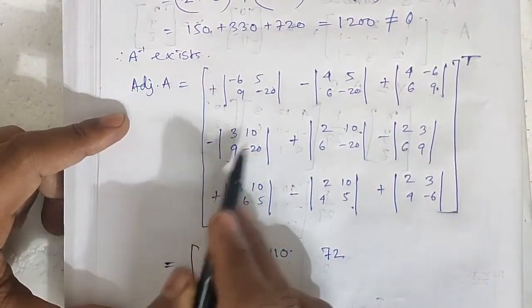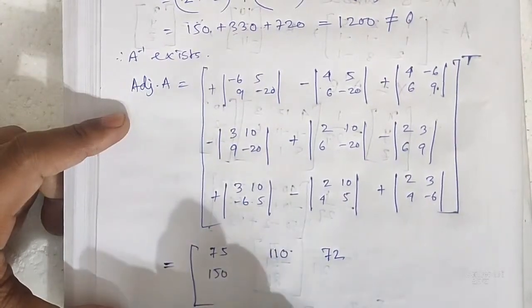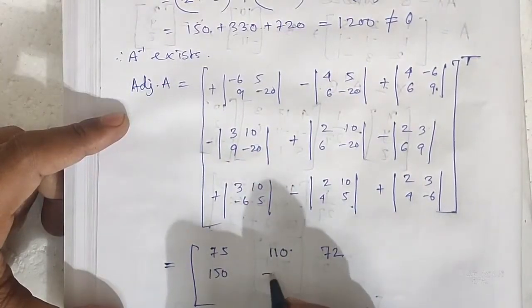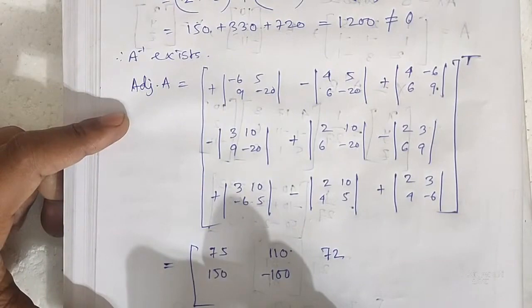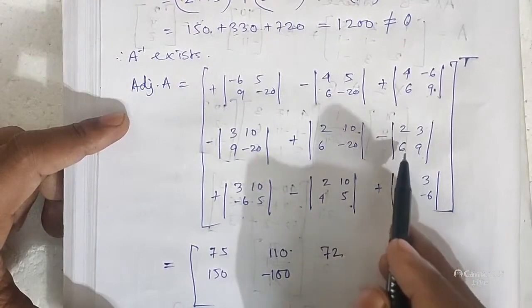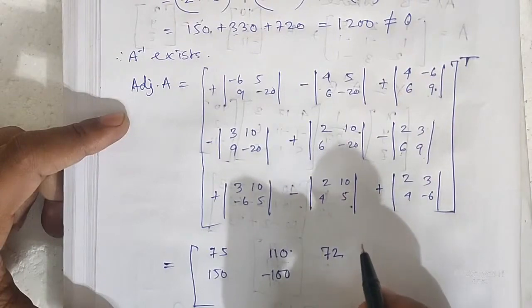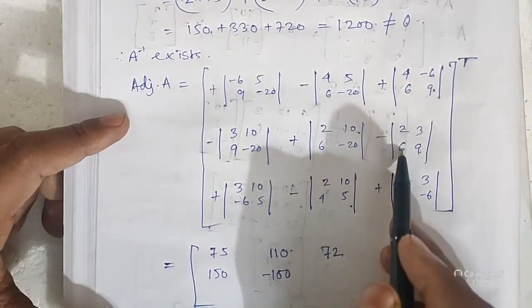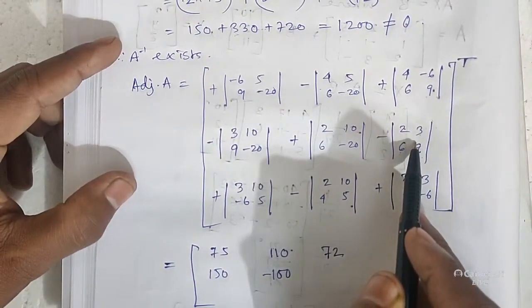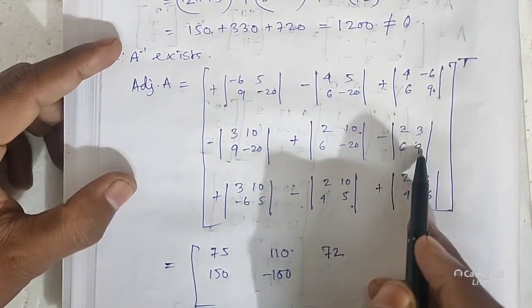Here it is coming minus 60 minus 90, that is minus 150 plus 150, then minus 40 minus 60, minus 100, then 18, 18, 36.